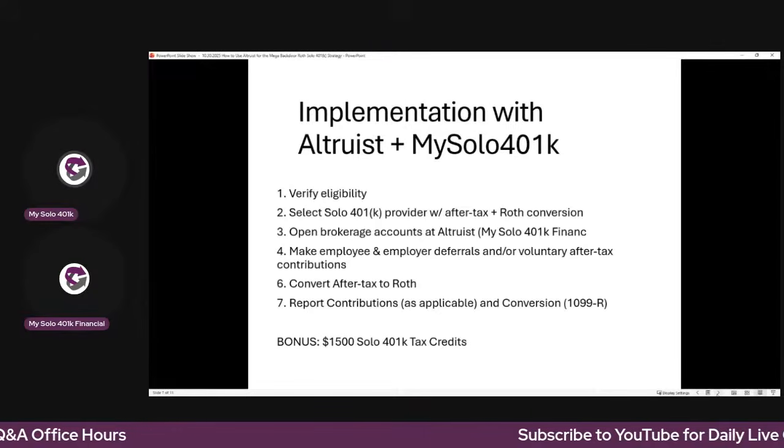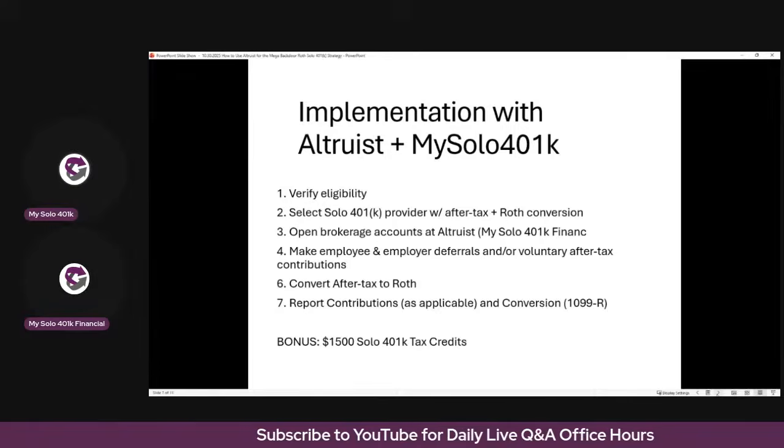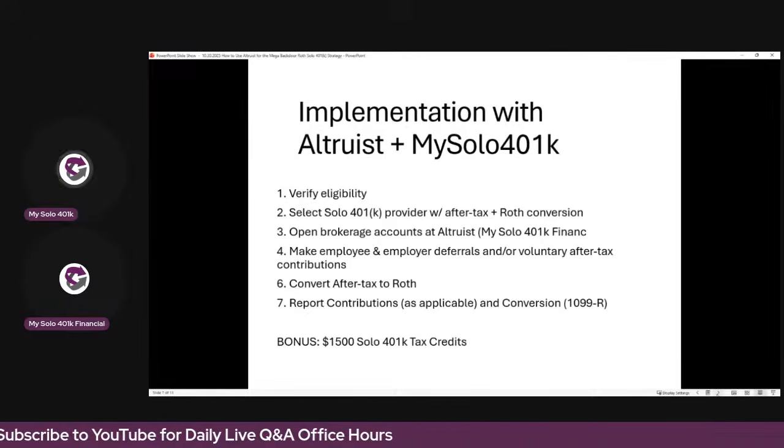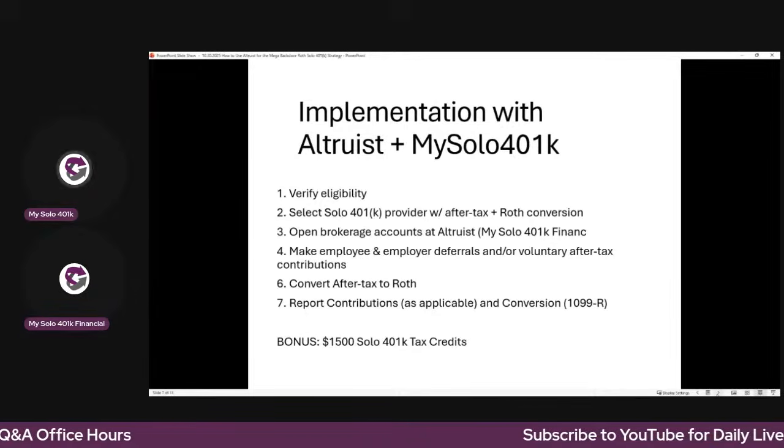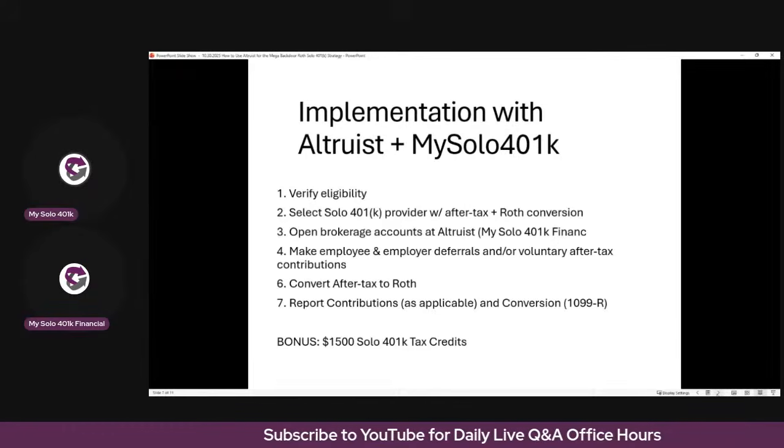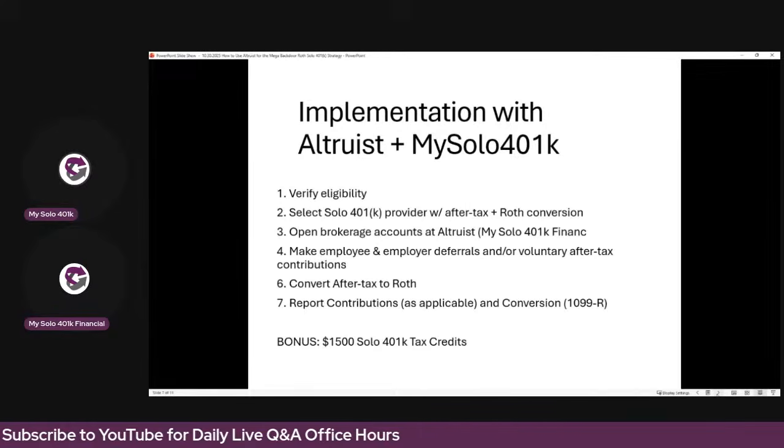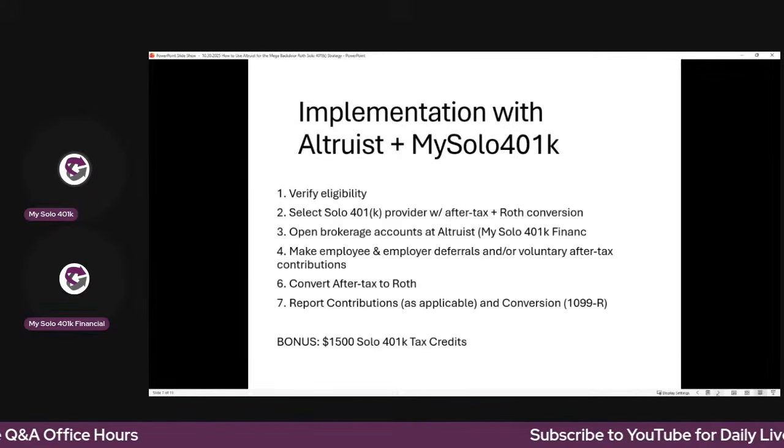As long as they sign up here in 2025, that'll preserve the ability to make all types of contributions, employee, employer, as well as these voluntary after-tax by March 15th or even September 15th if they file a timely extension. So that's not only one benefit of signing up here in 2025, but also they'll be able to start claiming those tax credits, the $500 per year for 3 years when they file their 2025 tax return next year.